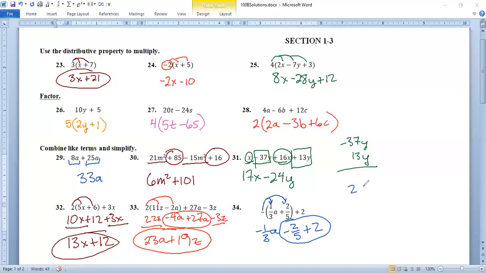That's 2 minus 2/5. Let's work over here. This is 10/5 minus 2/5 is 8/5. So this is negative 1/3 a plus 8/5. And that 8/5 could be written as 1 3/5 if you wanted to, or 1.6. This is kind of the standard, the conventional way of writing it right there. Okay, good.